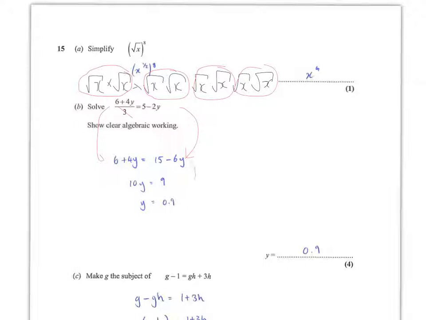Next step, I've done 2 steps in one. I have added 6y to both sides. 4y plus 6y is 10y. And I have taken away 6 from both sides. 15 minus 6 is 9. Finally, dividing by 10 gives you a value of y, 0.9.